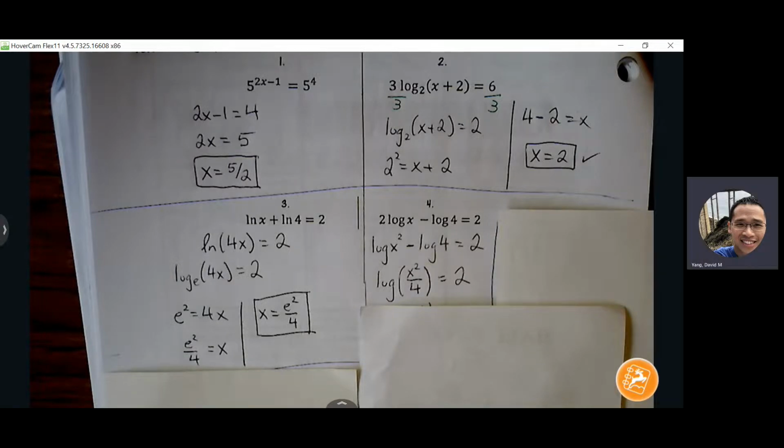What's the hidden base? 10. Yeah. I'll get that base to show up and then get into exponential form.